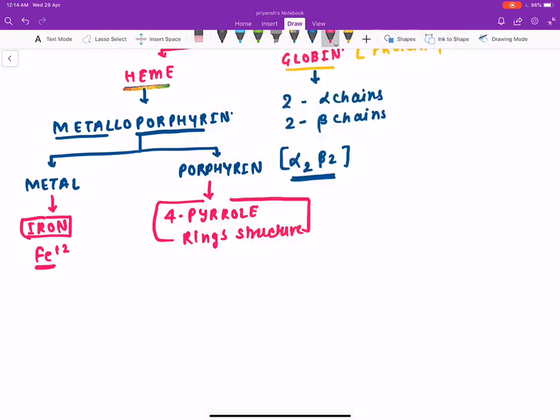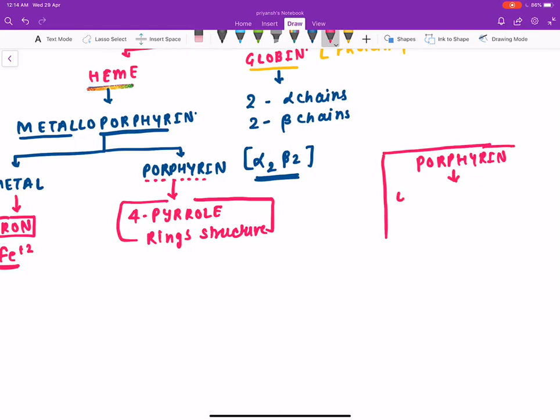See, we have various types of porphyrin present in our body. I am just giving you a brief insight here. The various types of porphyrin present in our body are uroporphyrin, then coproporphyrin, and protoporphyrin.